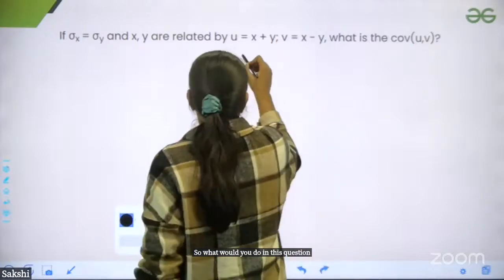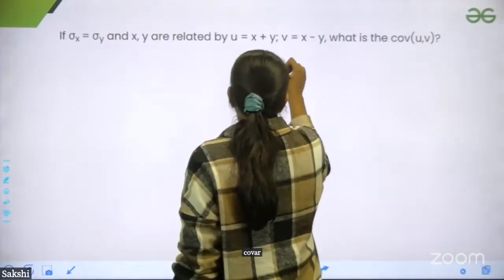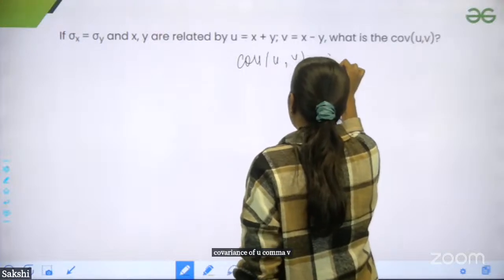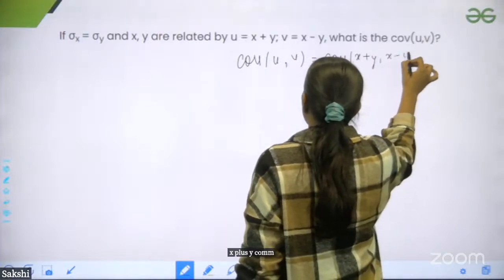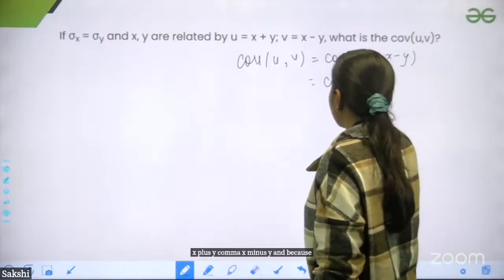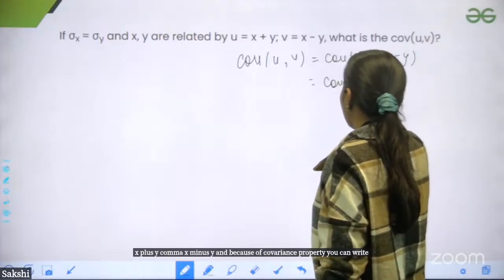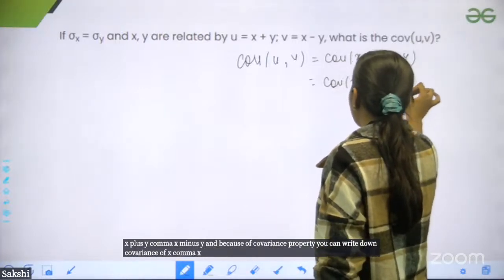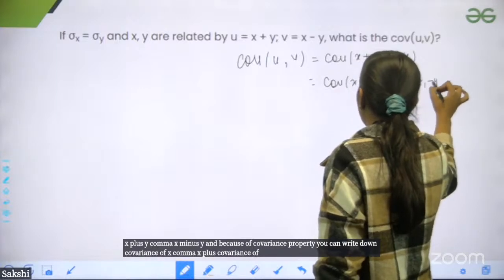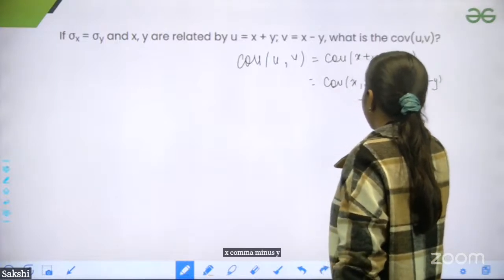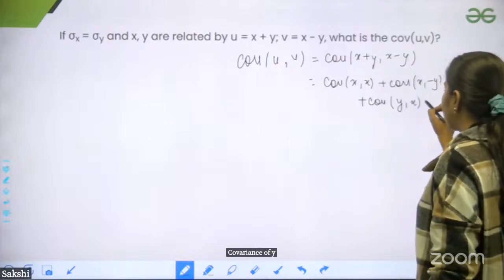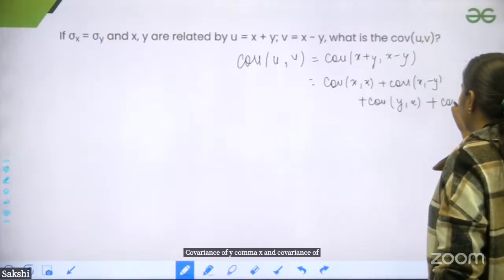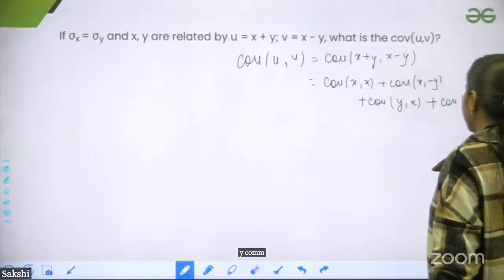You would solve covariance of u comma v, right? And it would become covariance of x plus y comma x minus y. And because of the covariance property, you can write down covariance of x comma x plus covariance of x comma minus y plus covariance of y comma x and covariance of y comma minus y.